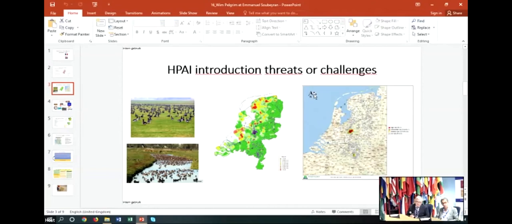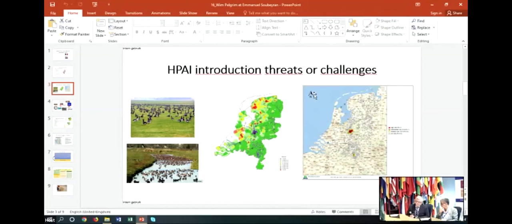And this picture shows the risk farms have in which part of the Netherlands. It is based on an analysis that combines the risk of the type of the farm, for example, duck farms and turkey farms are more at risk than chicken farms, and the geographical location.